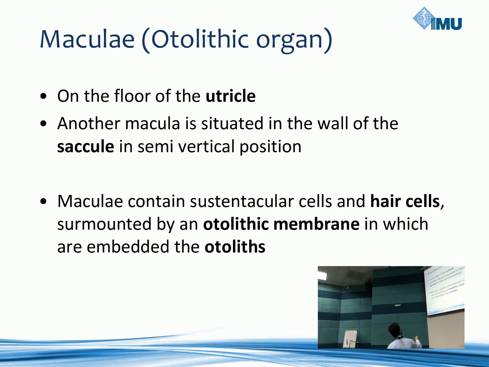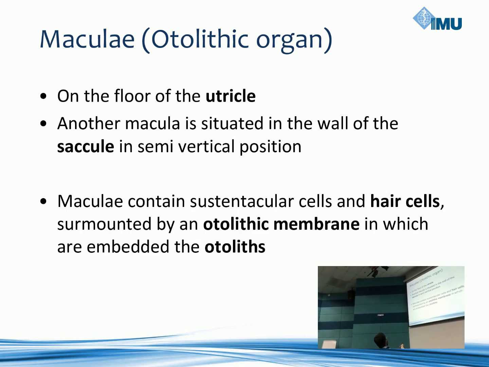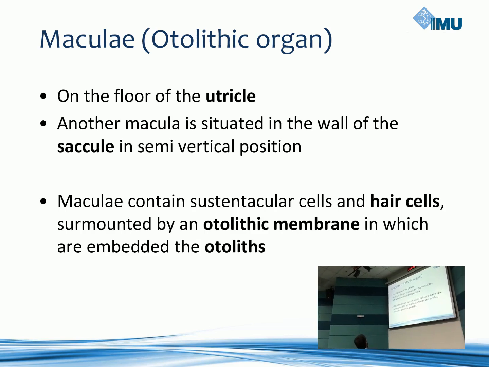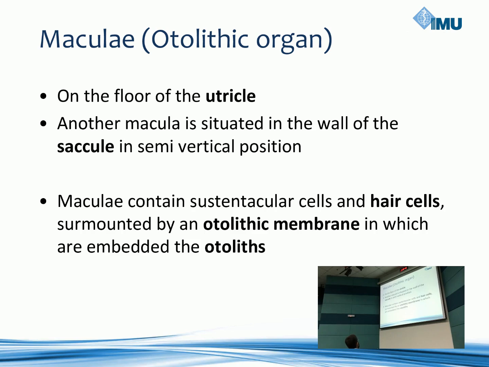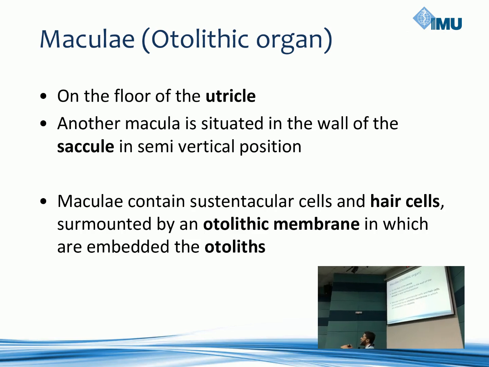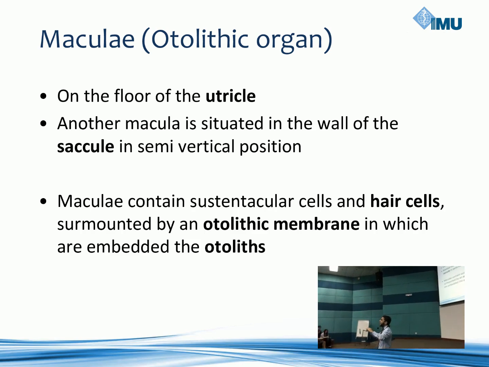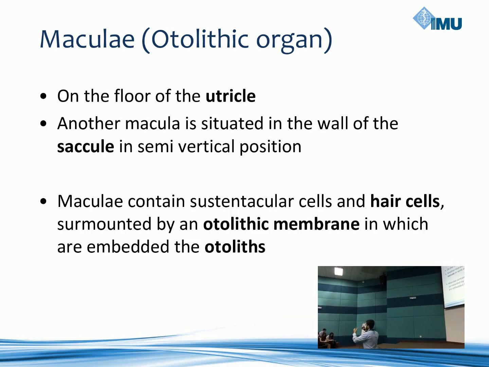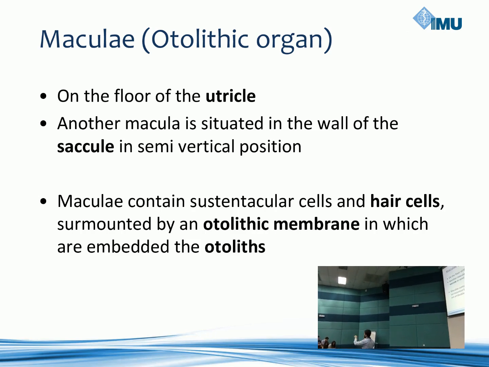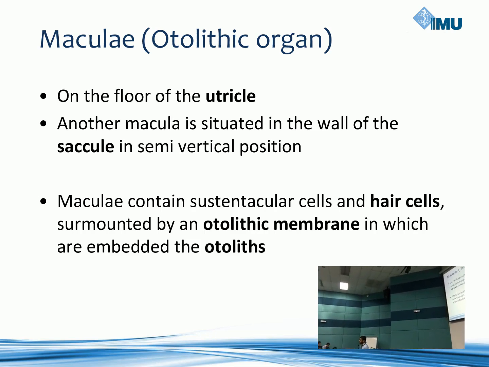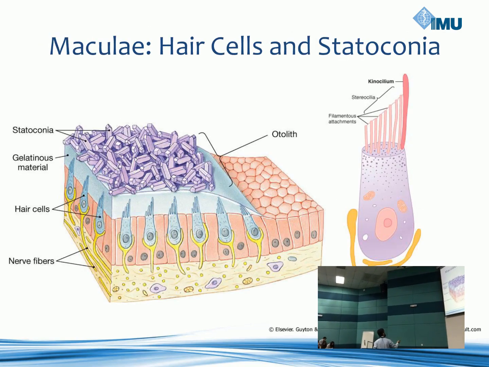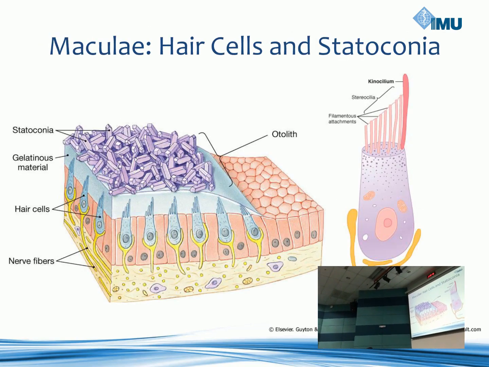One of the maculae is in the utricle, the other one is in the saccule. They are surmounted by what is known as the otolithic membrane, again a gel-like membrane on top of these cells. And on top of the gel-like structure, you have these sand particles or otoliths. If you look at the picture now, these are the hair cells.